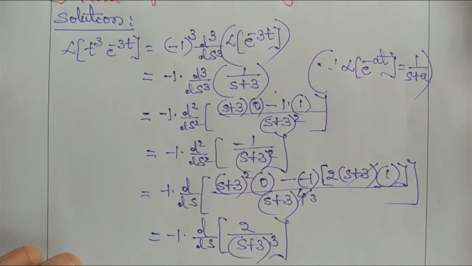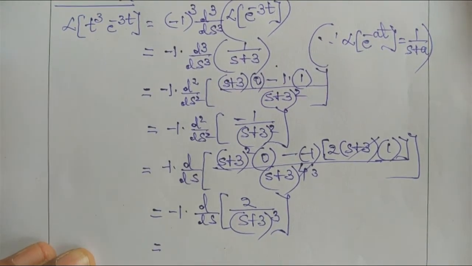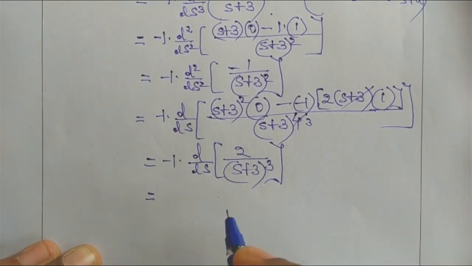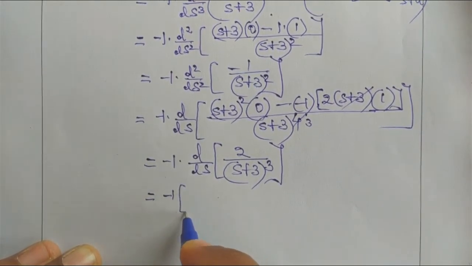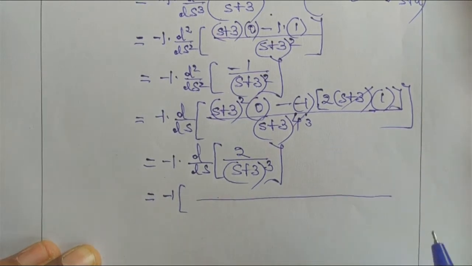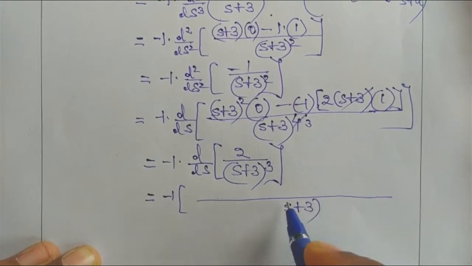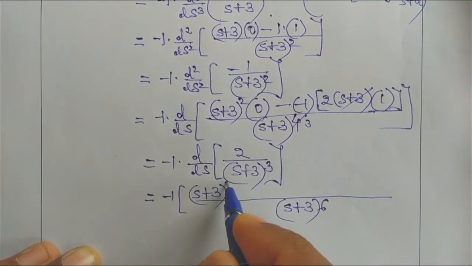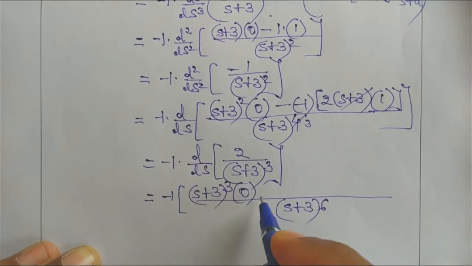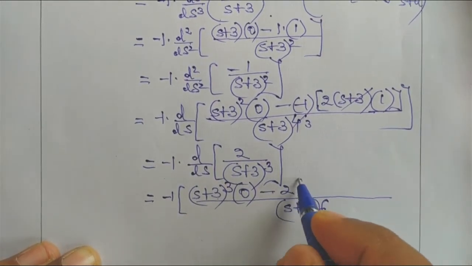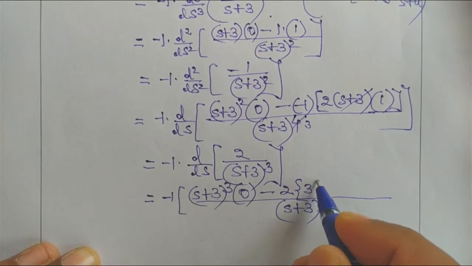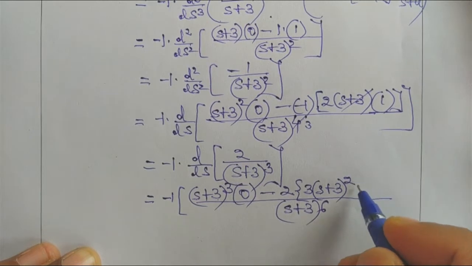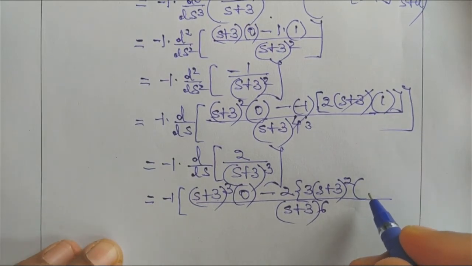When we differentiate this, using that quotient formula method again, what we get is minus 1 divided by s plus 3 whole to the power of 6. s plus 3 whole cube into differentiation of 2 is 0, minus 2 into 3 times of s plus 3 whole square into differentiation of s plus 3 is 1.